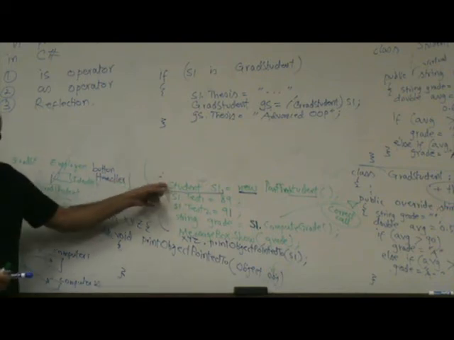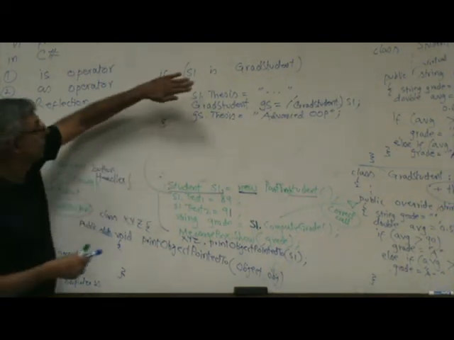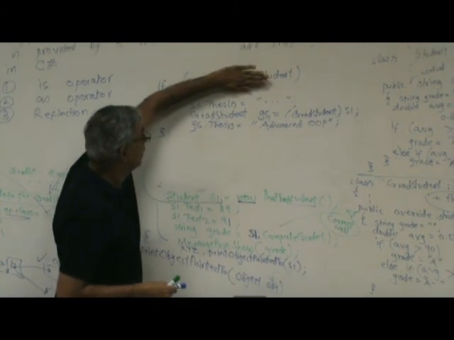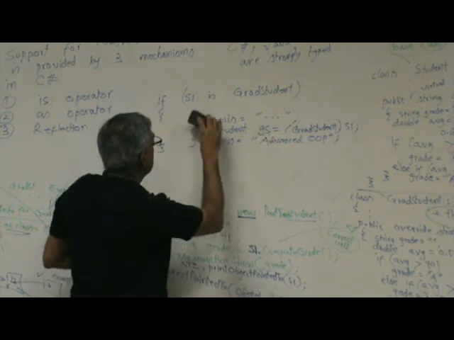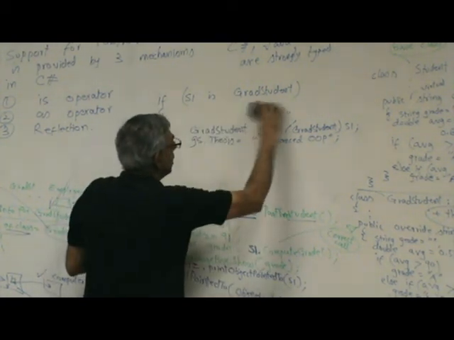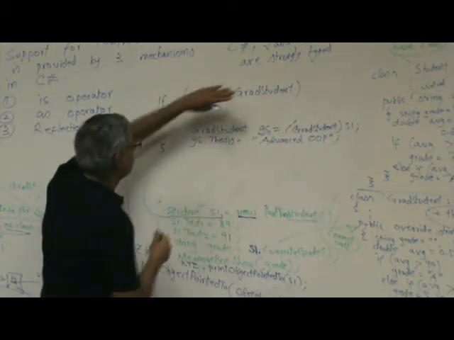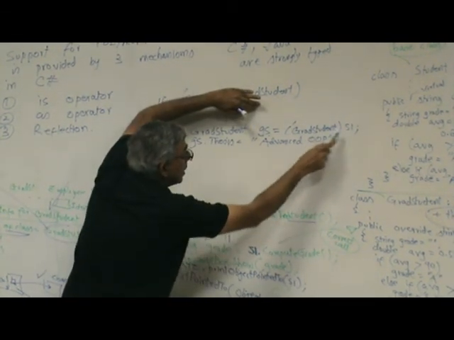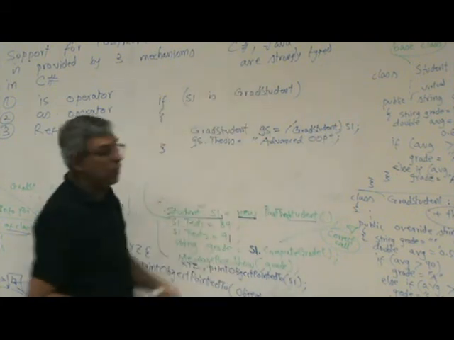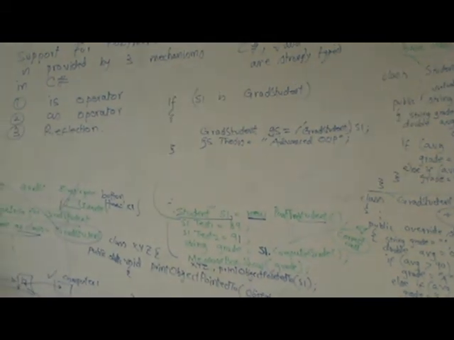So this code is perfectly okay, right? So if you did not use the if statement, and you try to typecast it to a grad student, it will fail, so you'll get a runtime error, okay?